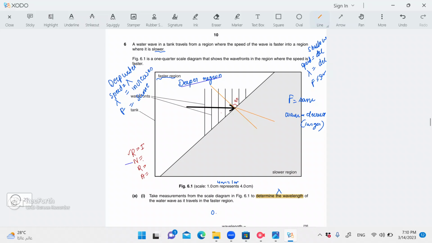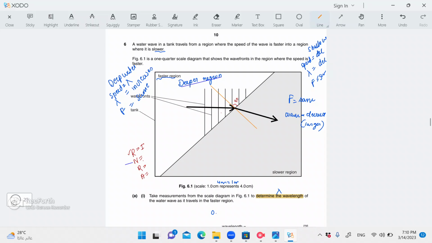Again, I am repeating, if it is from deep to shallow, it will be closer to the normal ray, and if it is from shallow to deep, it will go away from the normal ray.